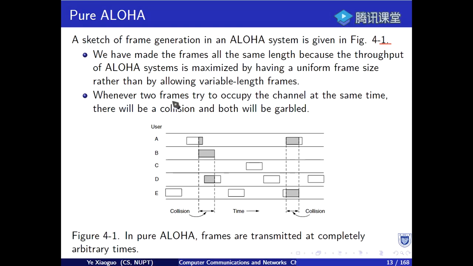Whenever two frames try to occupy the channel at the same time, there will be a collision and both will be garbled. It means they overlap, right?